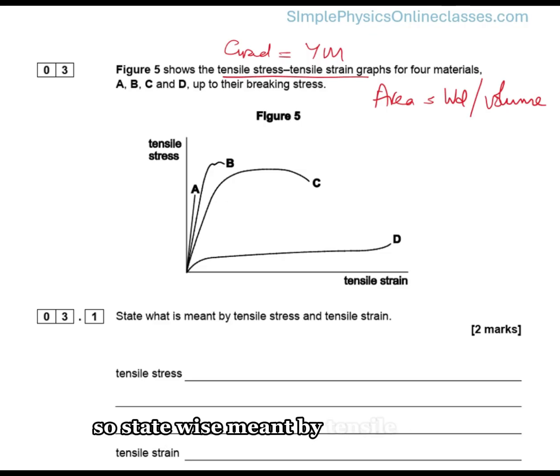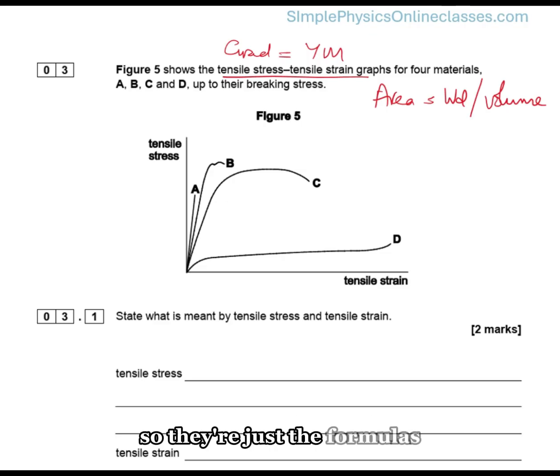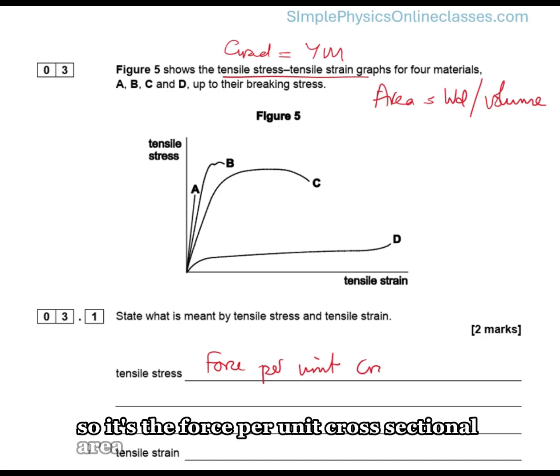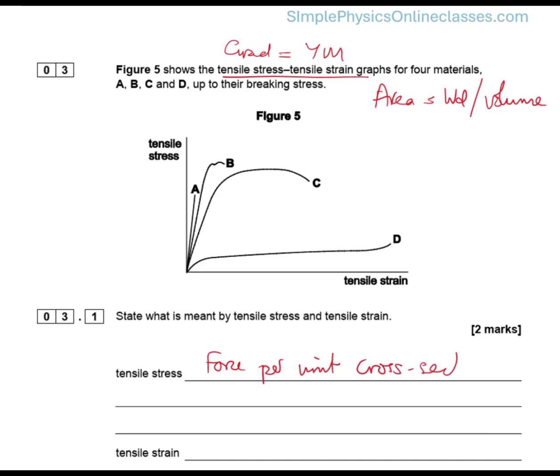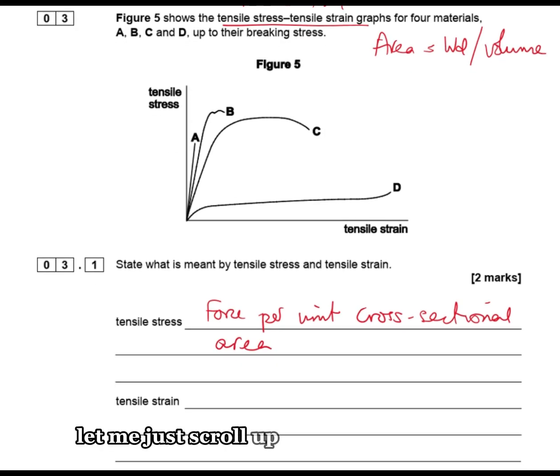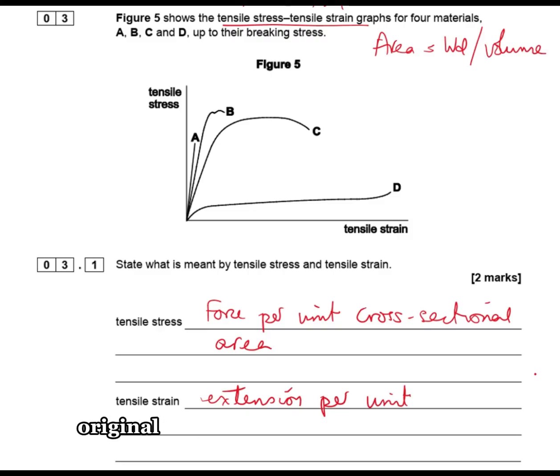State what is meant by tensile stress and strain, so they're just the formulas. Stress is the force per unit cross-sectional area. So that's nice and easy. And the next one, strain, is the extension per unit original length.